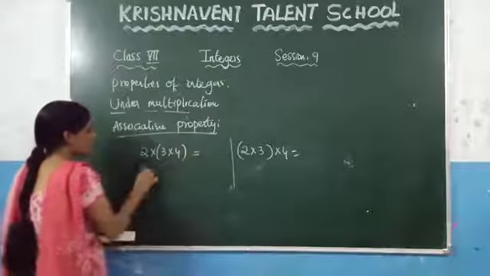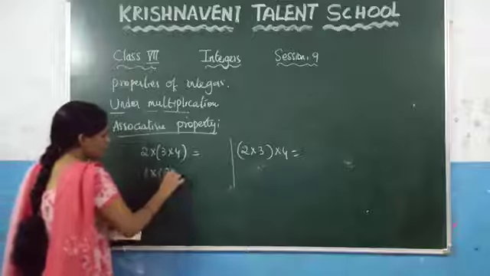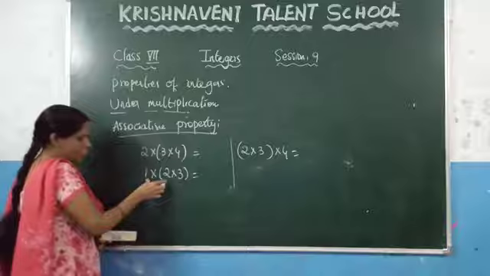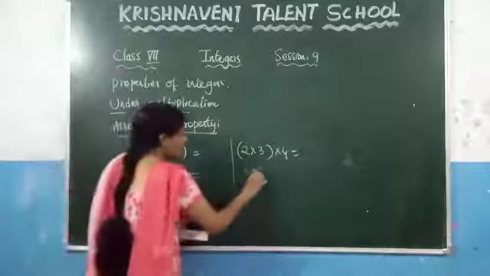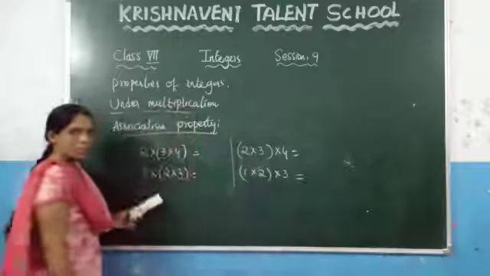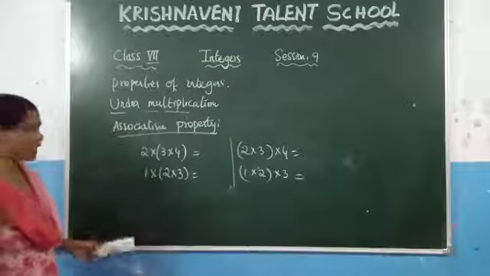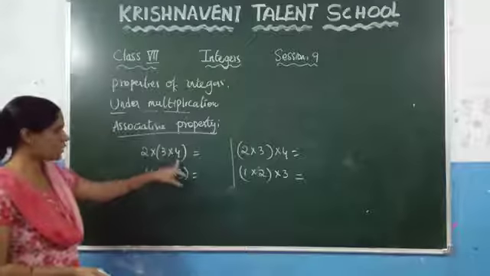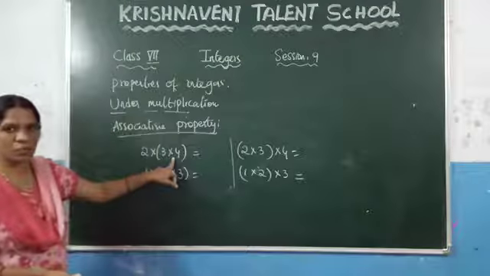Consider one more example, 1 into 2 into 3. Just multiply the first two numbers, then multiply by the third number. First solve what is there in the brackets. 3 into 4. What is the value of 3 into 4? 12.